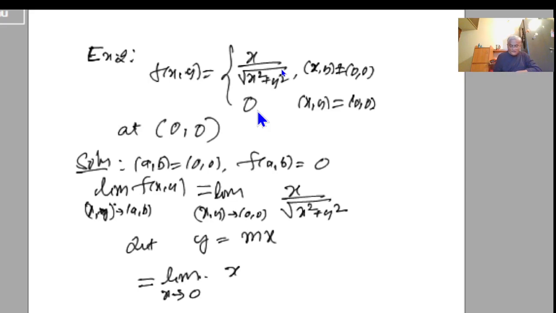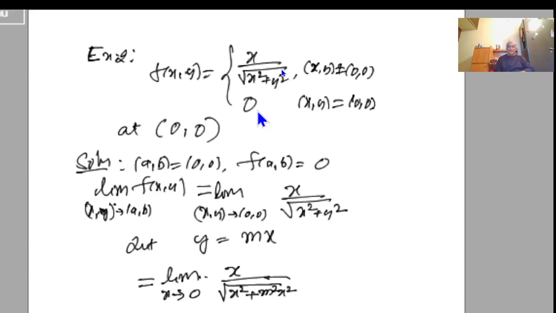Here the numerator is x and the denominator is root of x square plus y square, with y equal to m x, this is m square x square.